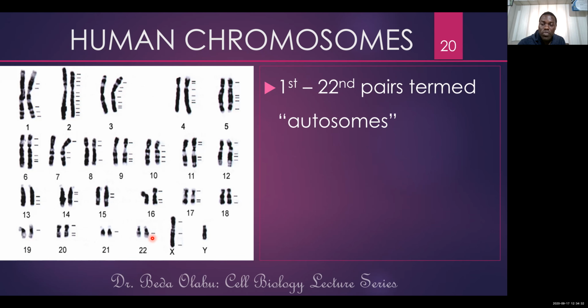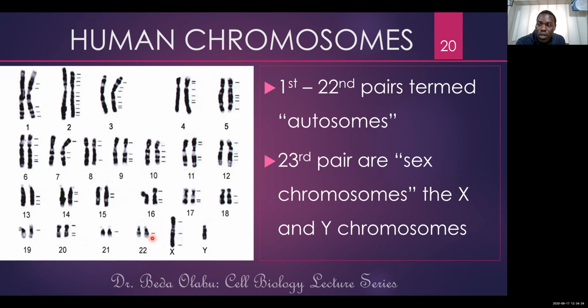The 23rd pair of chromosome is what we call the sex chromosomes. Sex chromosomes are of two types. You can have the X chromosome. You can also have the Y chromosome. Those are the two types of sex chromosomes.